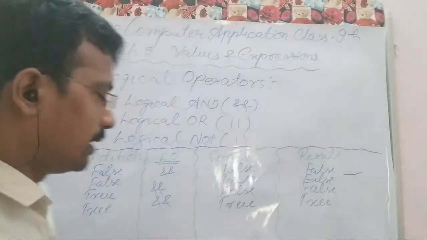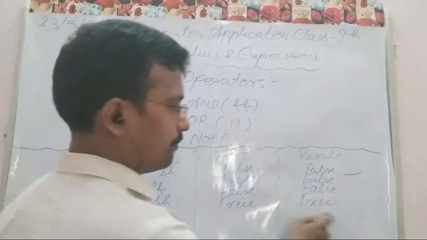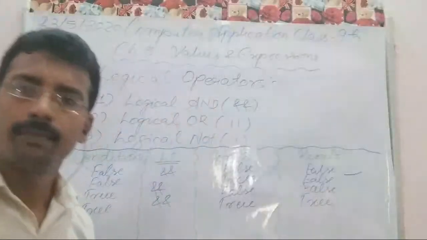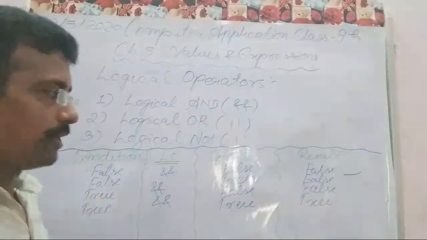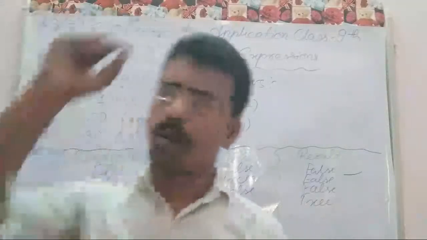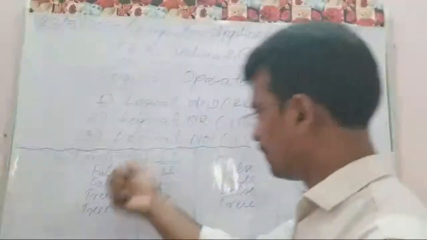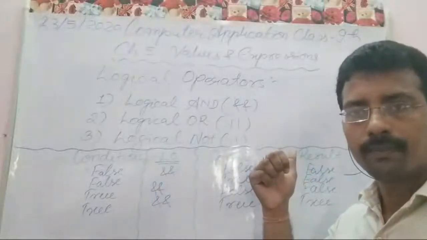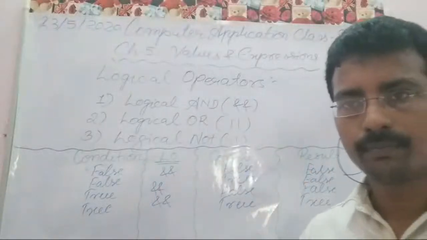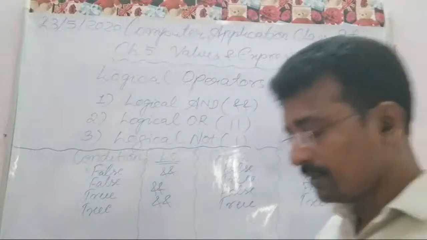Otherwise, if 3 conditions are there and any one is false, it will produce false. If 10 conditions are there, any one is false, it will produce false. Understanding the working? Clear? This is the working of the AND operator.